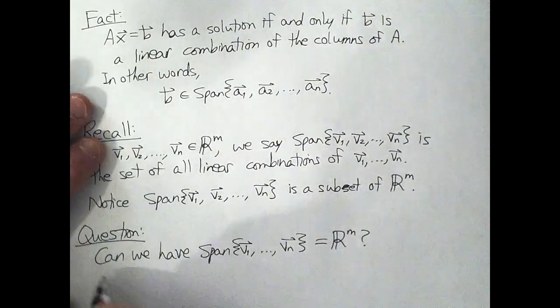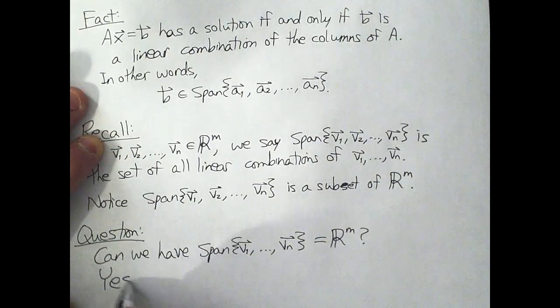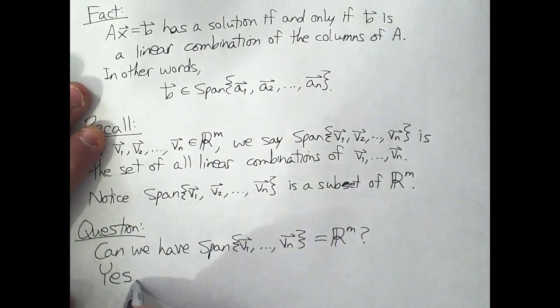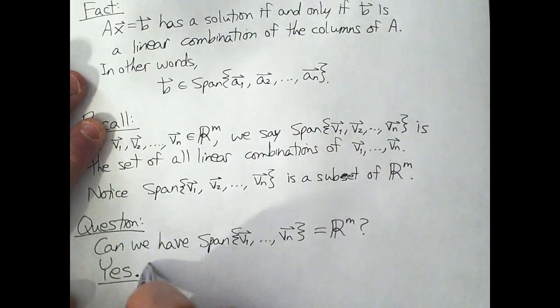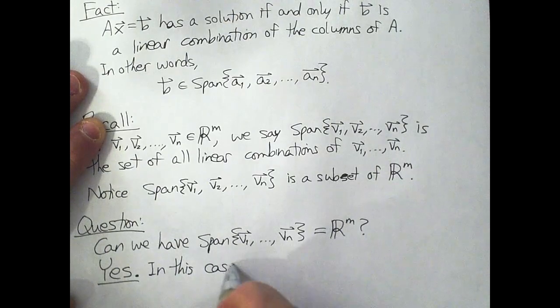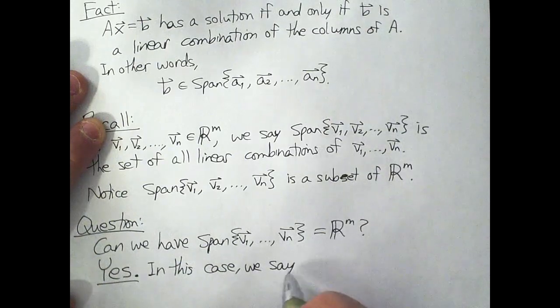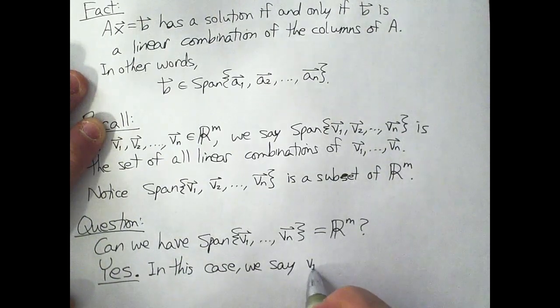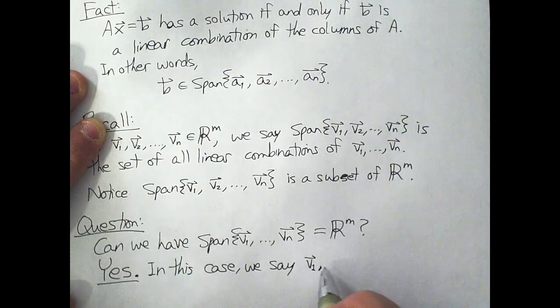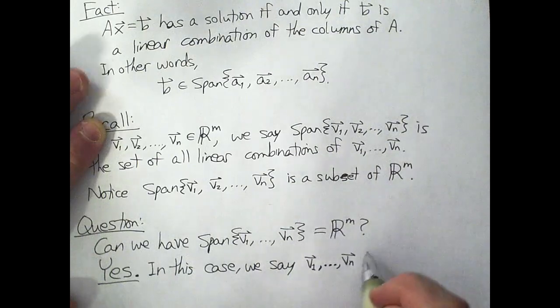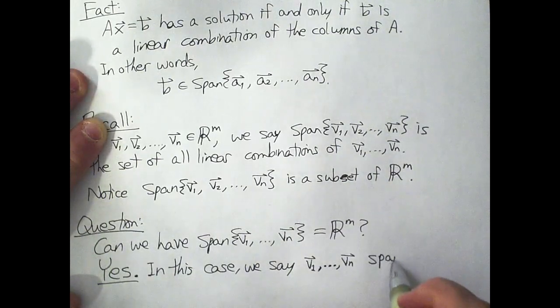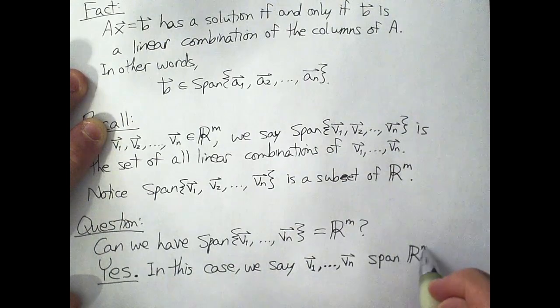All right, well, the answer to this is yes. We can have that. It is possible. And in this case, we say that the vectors v1 through vn span Rm.